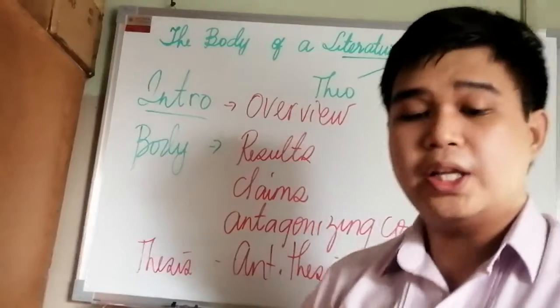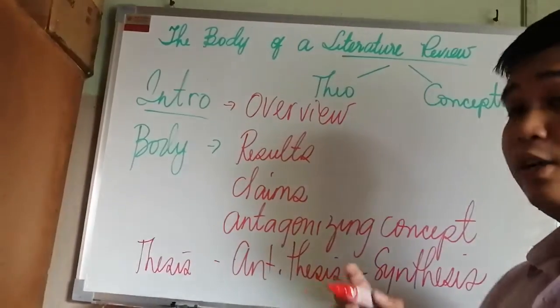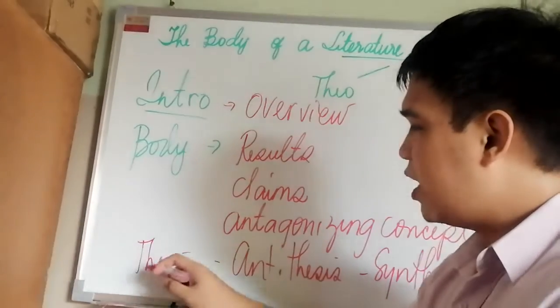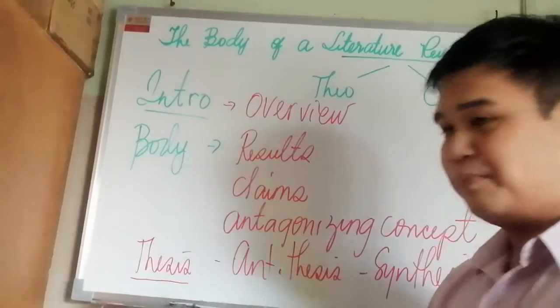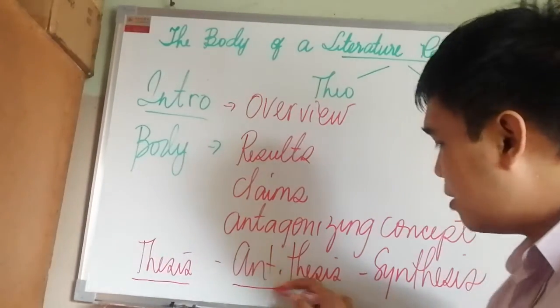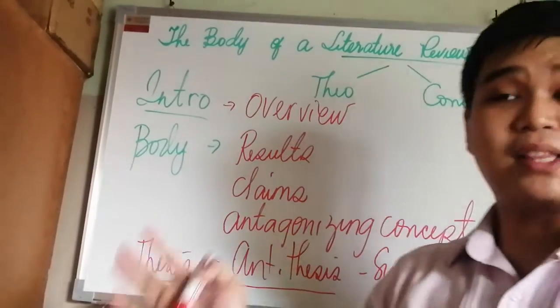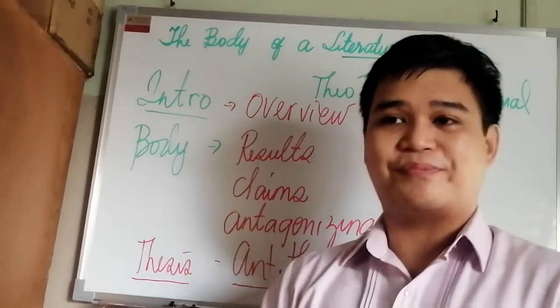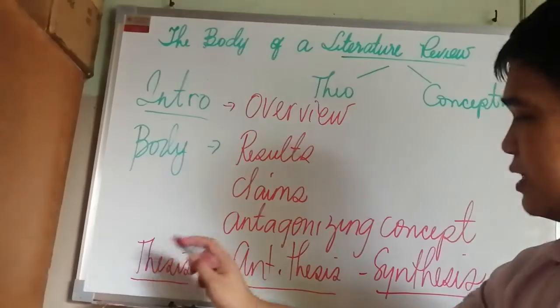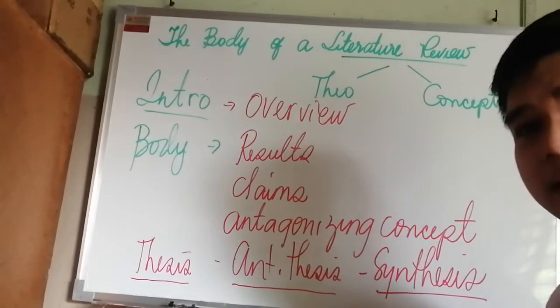Sa body ng inyong literature review, pwedeng ganito ang format. Ipakita mo muna yung mga bida, ipakita mo yung mga kontrabida, and then, kailangan sa huli, mapagbati mo yung dalawang iyon. So, thesis, antithesis, and synthesis.